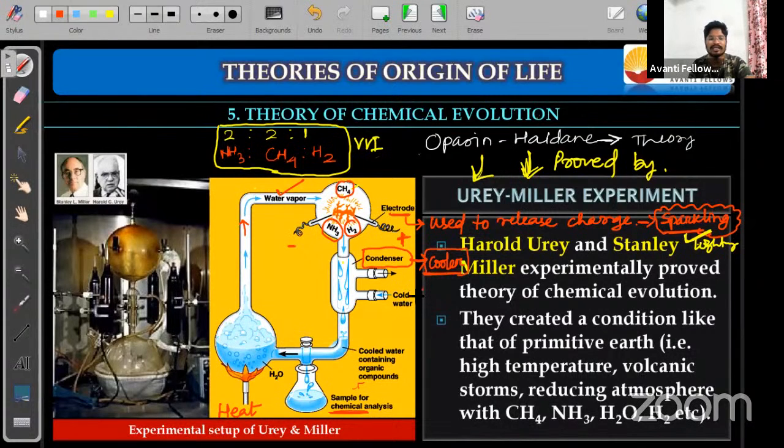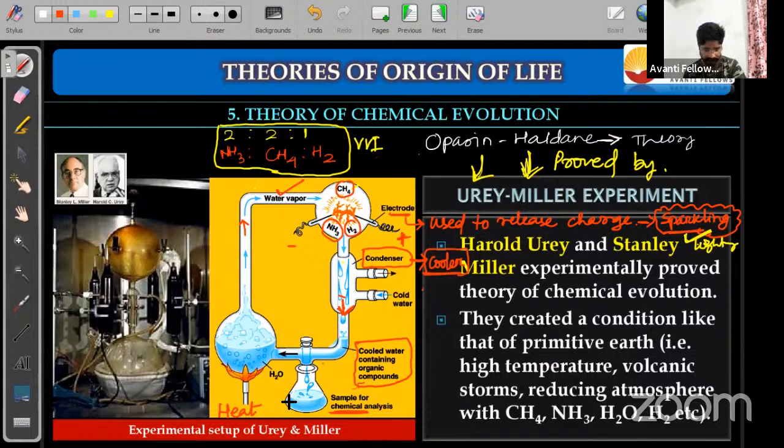Through one end it was provided with cold water, and through the other end the cold water was removed. Okay, so whatever things were produced after a reaction were cooled in this section, and the cooled one was moving down. The cooled water contained many other organic and inorganic compounds along with water.